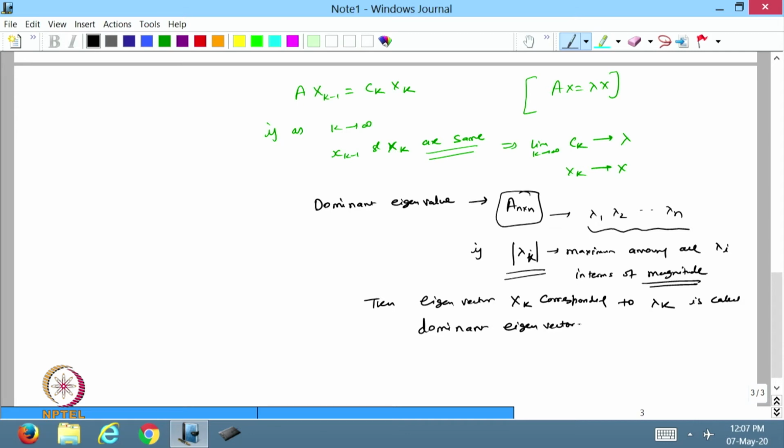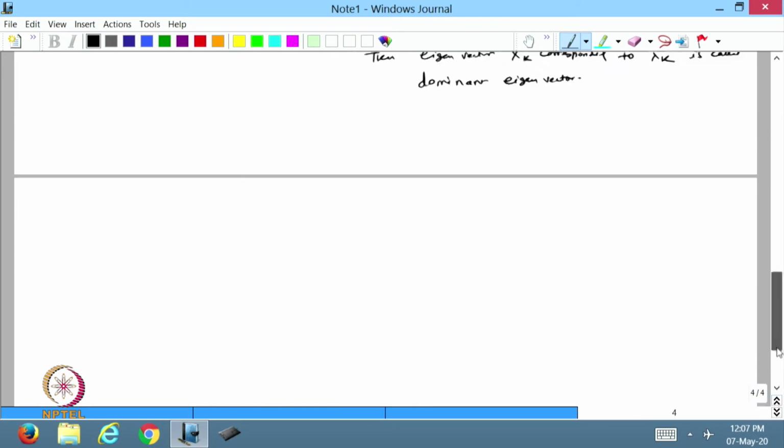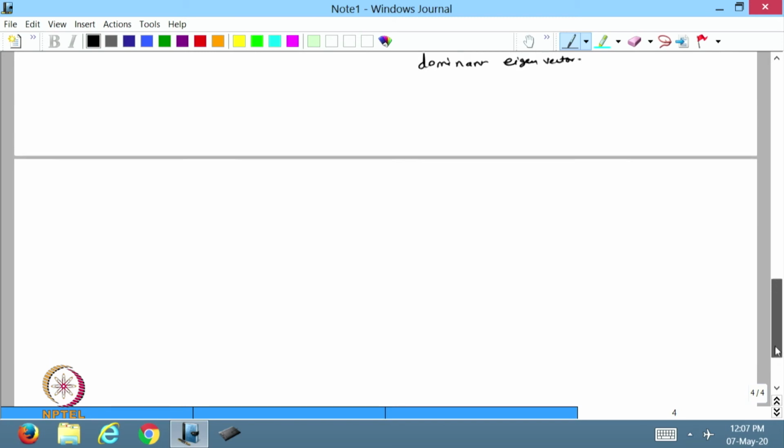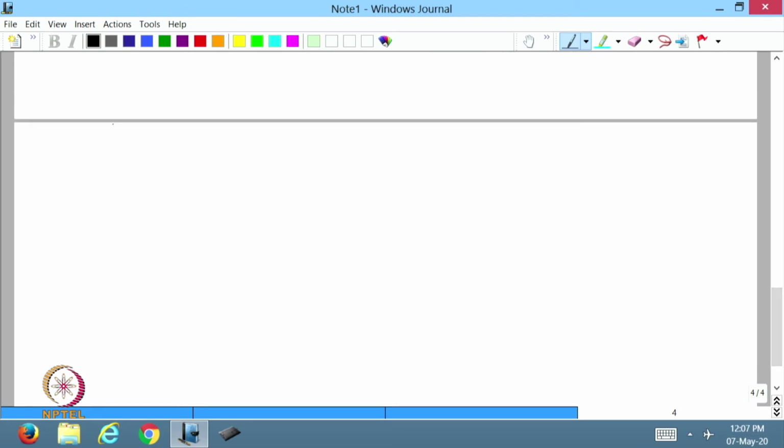So, that is called the dominant eigenvector. Now, we are ready to apply the power method. So, this is the power method we are going to define now.